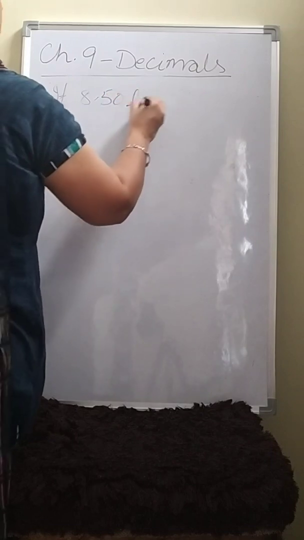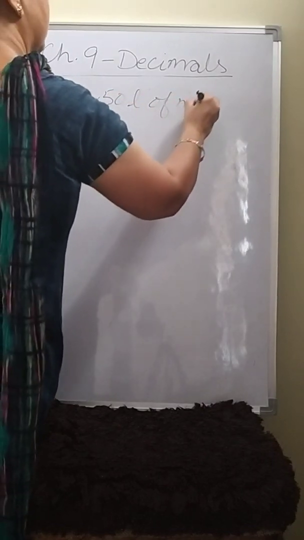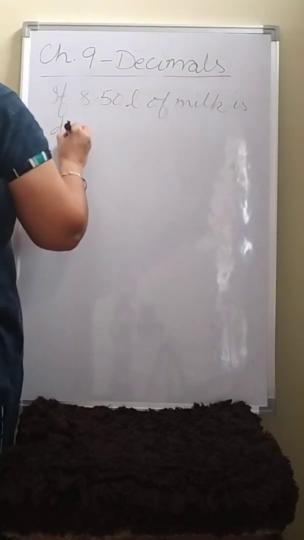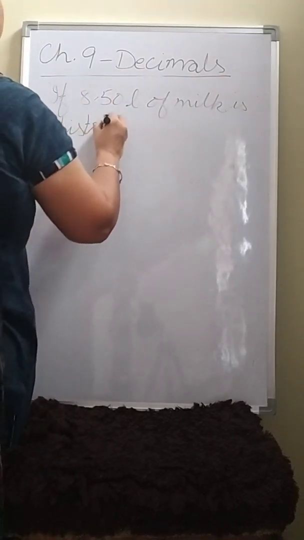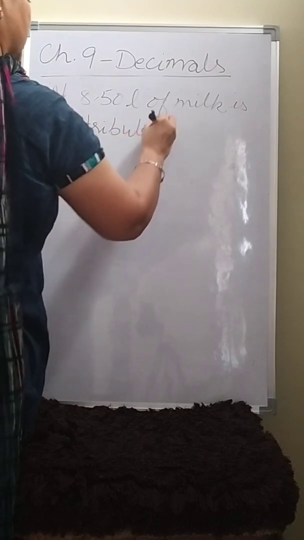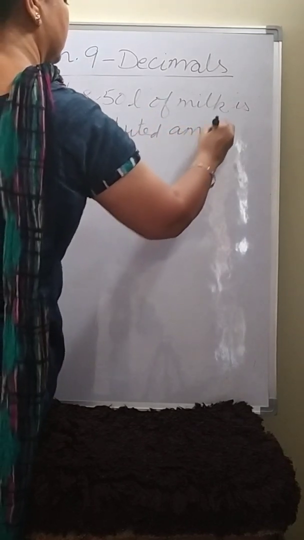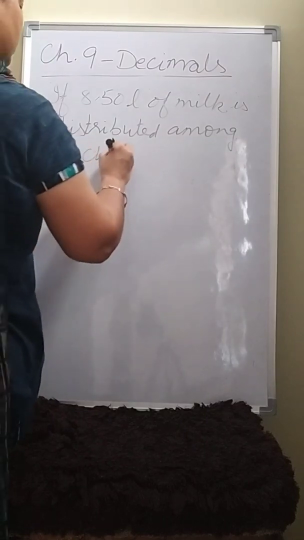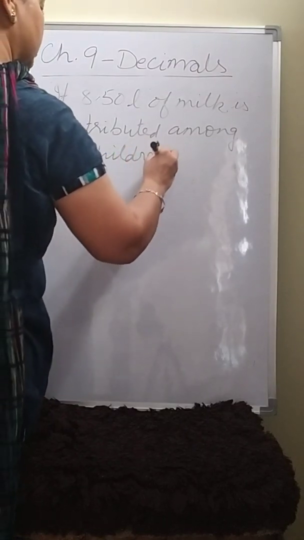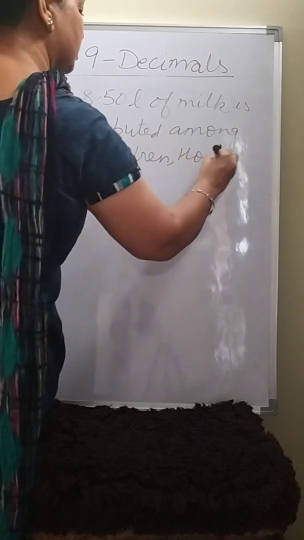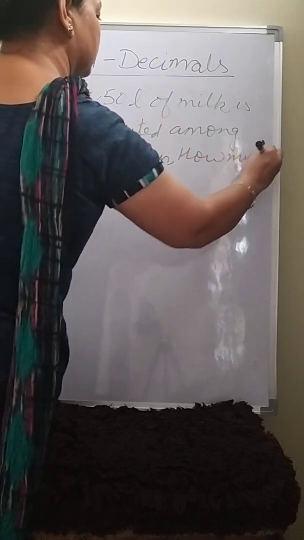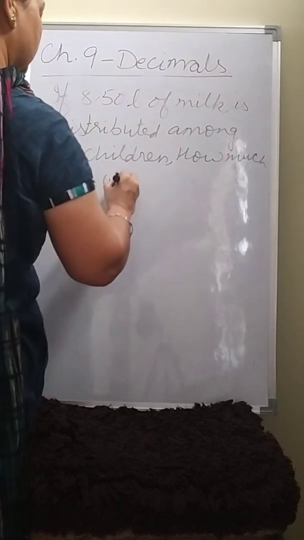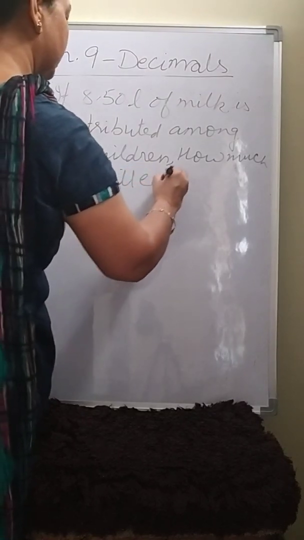Okay. If 8.50 liters of milk is distributed among 25 children, how much milk will each child get?